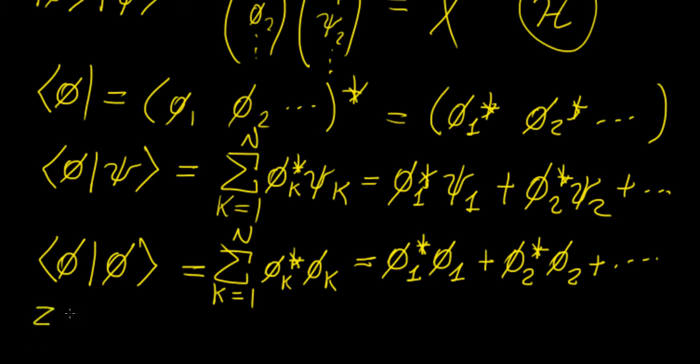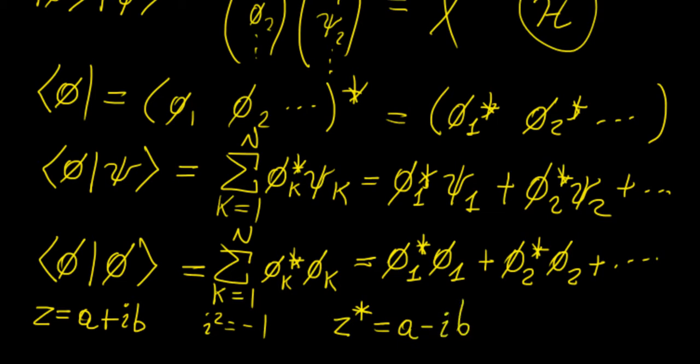I'm going to take a generic complex number. I'm going to say z equals a plus ib, where i squared equals minus 1. That's the definition I'm making here. The second thing I'm going to say is, let's say z asterisk is the complex conjugate of z, which means that we're going to take the opposite sign of the imaginary part.